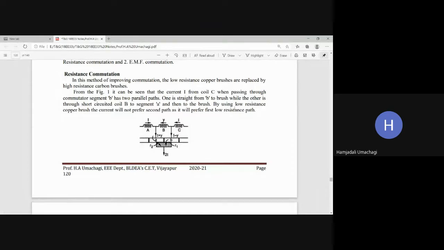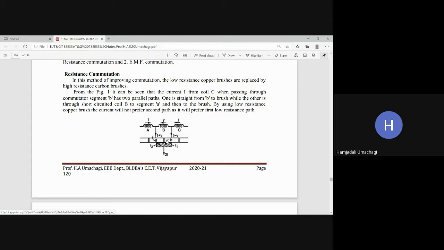By using a low resistance copper brush, the current will not prefer the second path, as it will prefer the first, low resistance path. So the logic is, if I use a copper brush here, which has very little resistance, the current will directly follow the first path only.